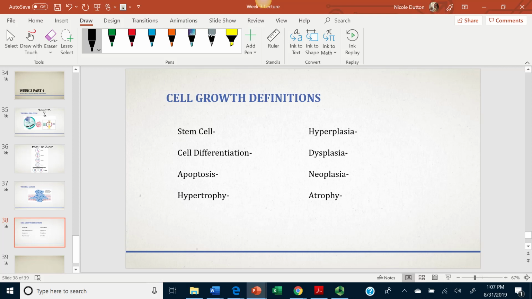Atrophy. Atrophy is the decrease in the size of an organ or cell due to a lack of nutrients or nerve supply. An example that I have for this one is my dad. One of my dad's legs is like a quarter of the size of the other one.